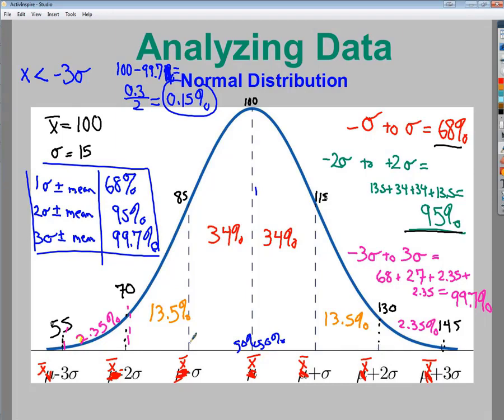So be careful about what the question asks you. If it's asking you about a subset that's less than something, you might have to do division because they're broken up into groups represented in that way. If they want to know just a little bit more than half, remember that it's easier just to break it at the mean and do 50% above to make the calculations a little bit easier.